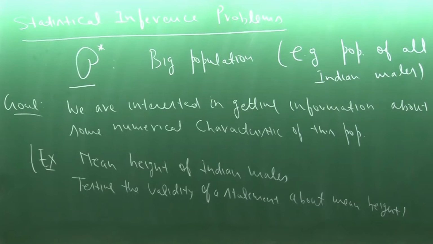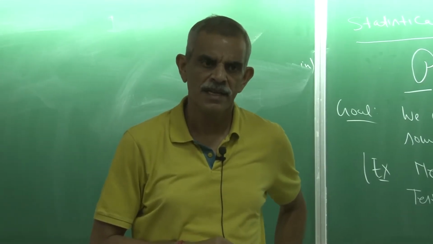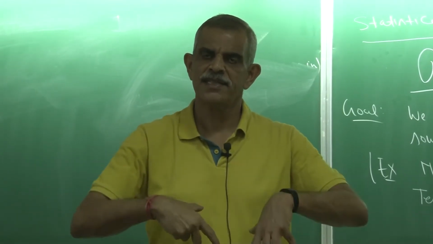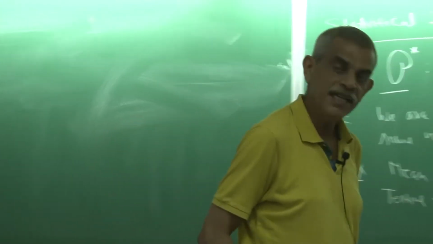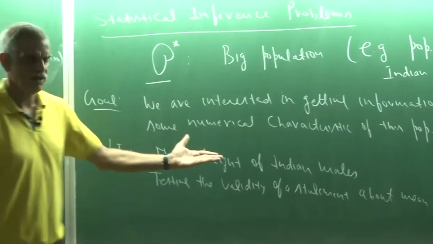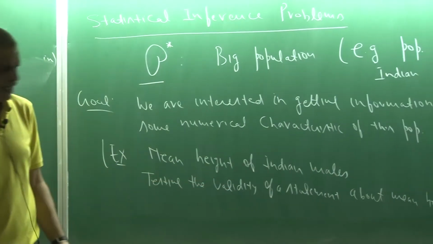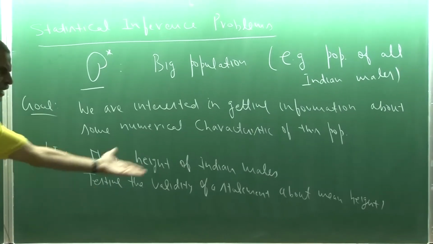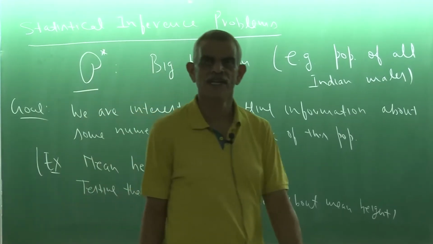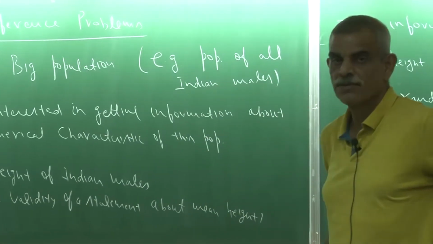So, what do you do? As I said, the best thing would have been to measure the height of each and every male in the Indian population. I get the exact mean height, and then I have full information about the mean, and there is no error. I can test whether a given statement is valid or not valid based on all the observations from the population.